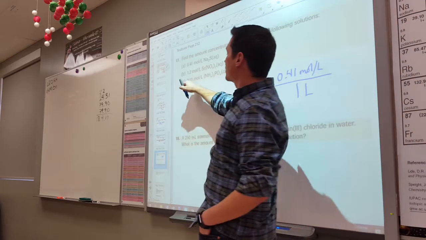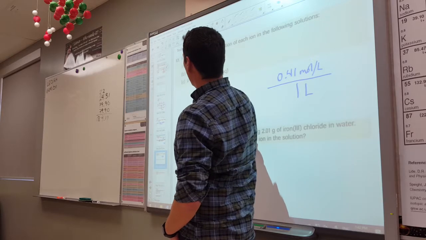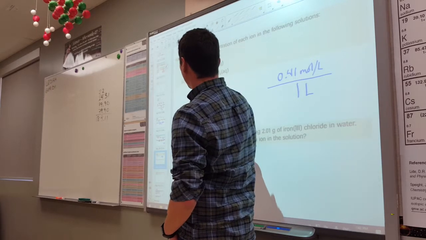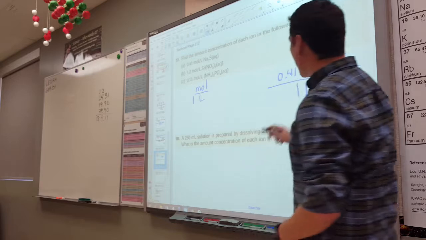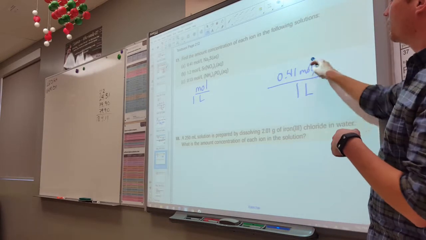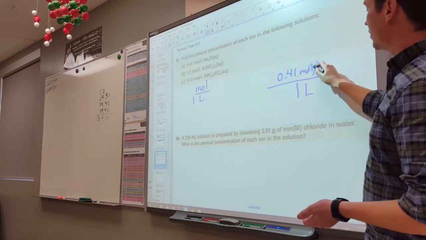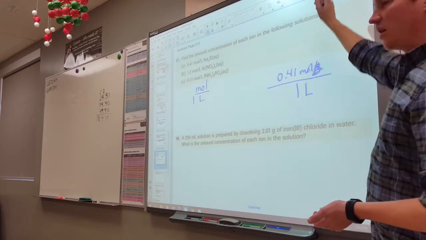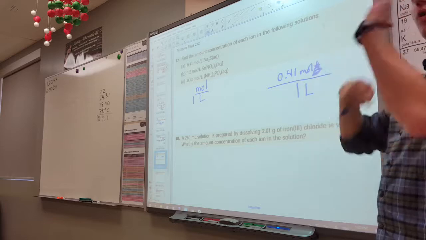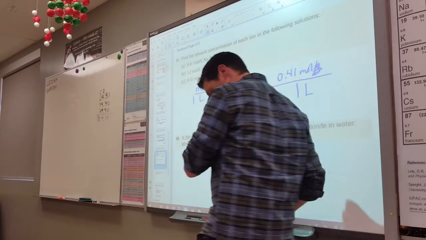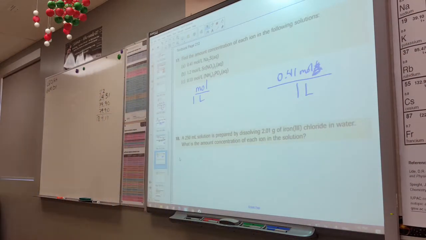Remember, this moles per liter really means moles over 1 liter, right? So don't do both of them. Don't write this weird angled fraction on top of another fraction. Just write moles on top and liters on the bottom, or flip it if you have to. Okay. Let me know if you have any questions.